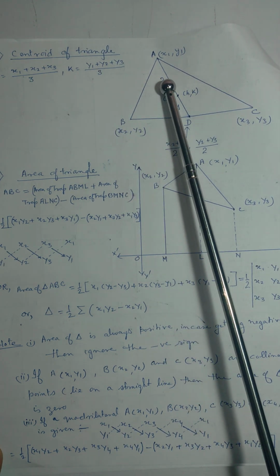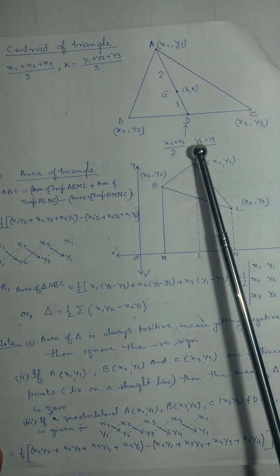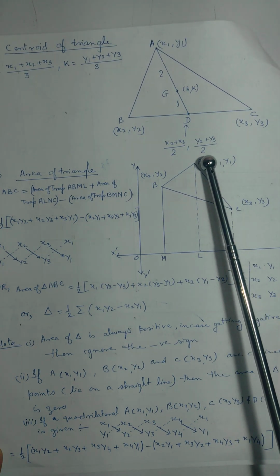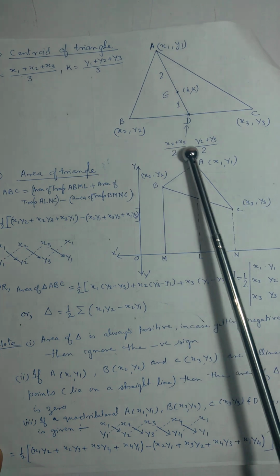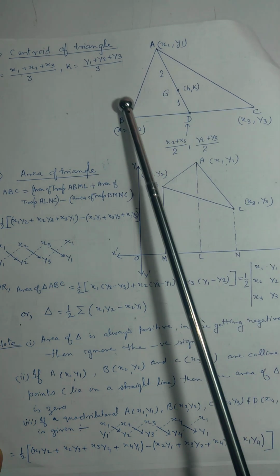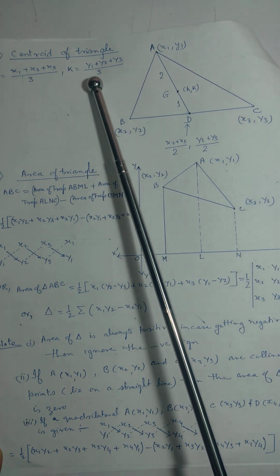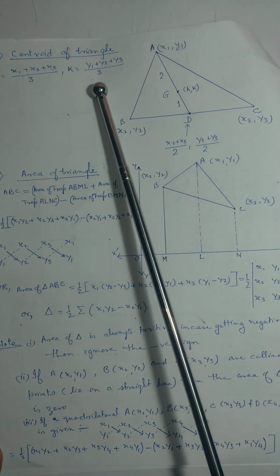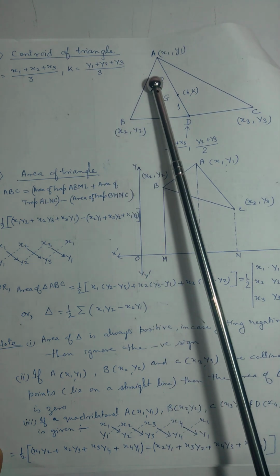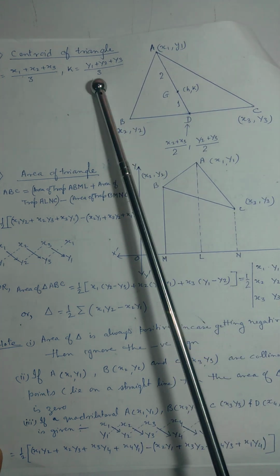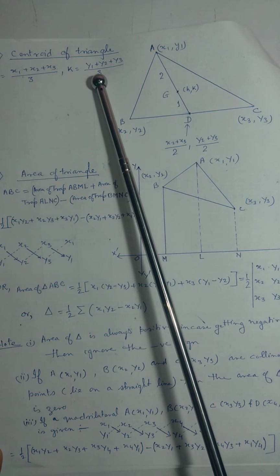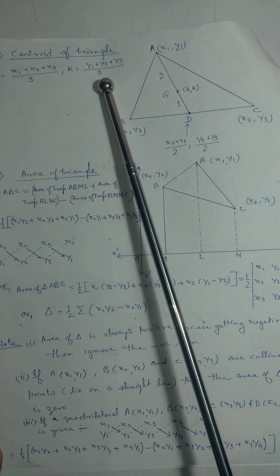Now we multiply 2 to the ordinate, that is (y2 plus y3) by 2. This 2 and this 2 will be cancelled. So we will get y1 plus y2 plus y3 upon 2 plus 1, that is 3. So I have written here 3.